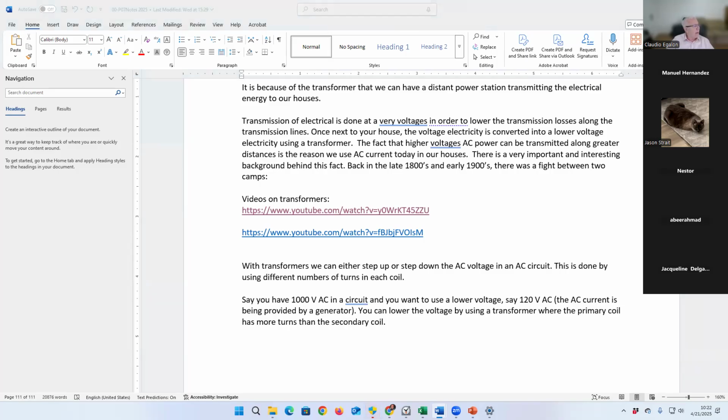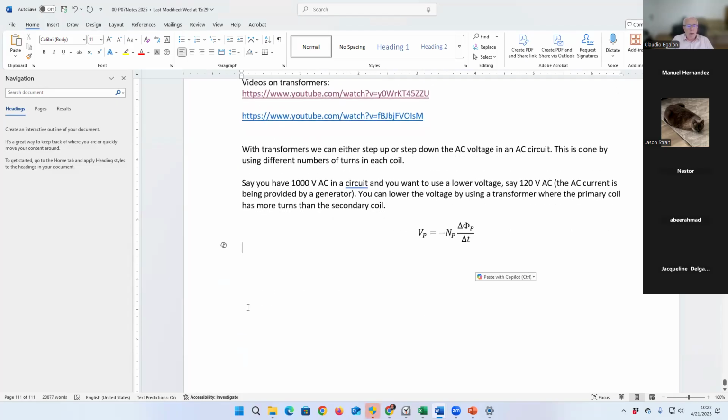And what is the whole theory behind that? You just go back to Faraday's law of induction, or electromagnetic induction, okay? Here you go. Our primary coil has a voltage that is related to the magnetic flux that flows through it times the number of turns in the coil.